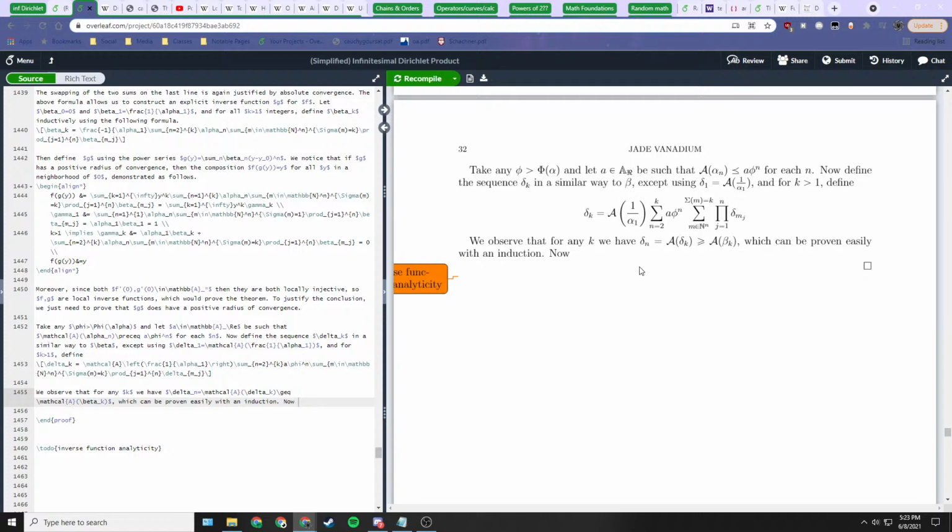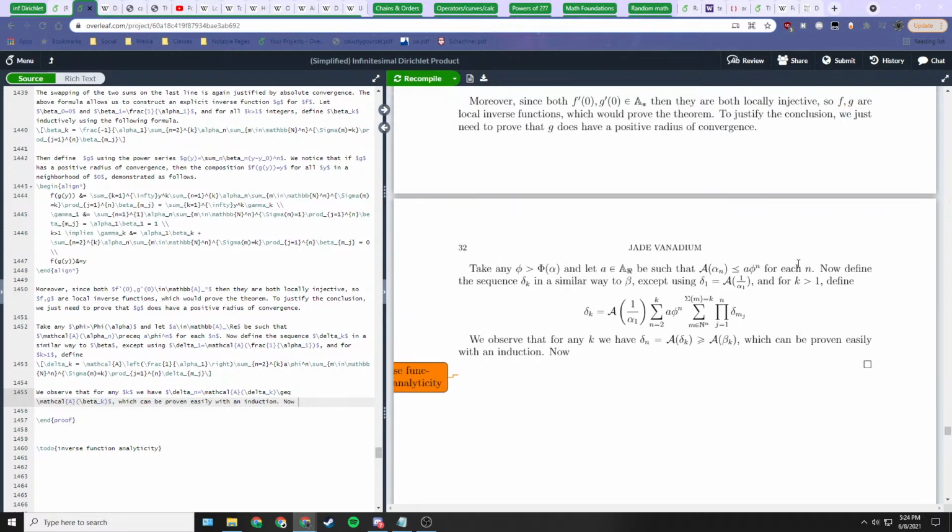I wonder if we can maybe just sum these is what I'm thinking. I'm thinking maybe if we can add these up in a geometric sum. Actually, that could maybe prove it. But I'm not sure how we would do that.